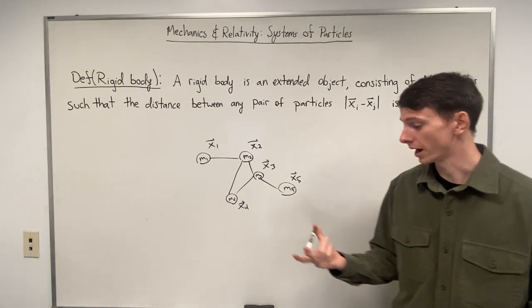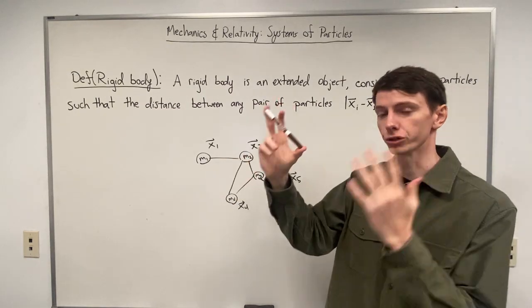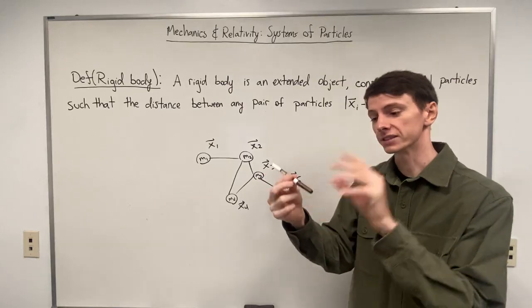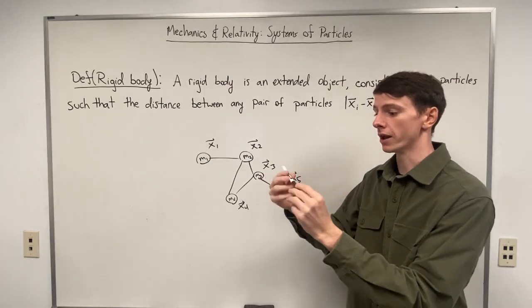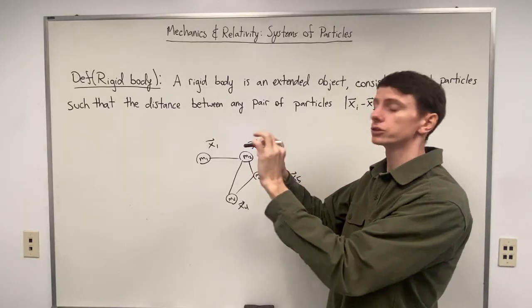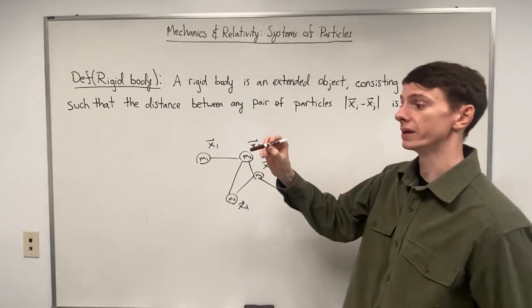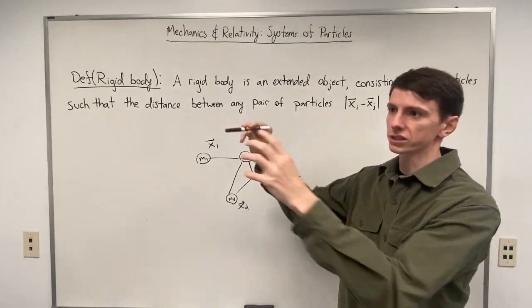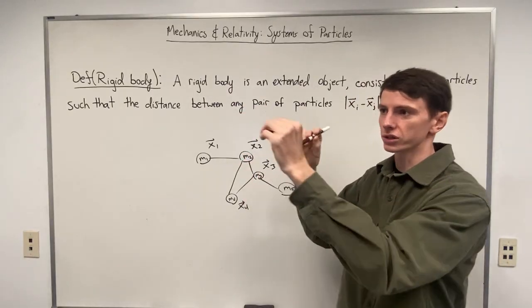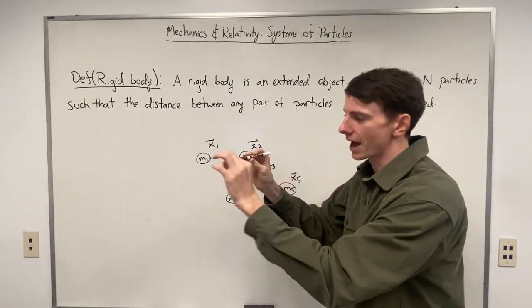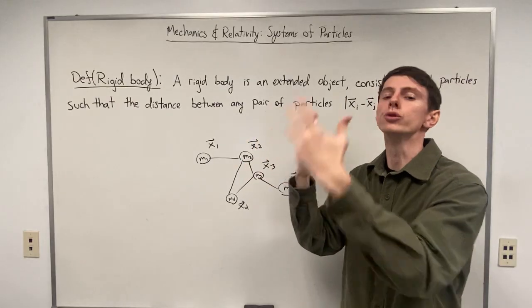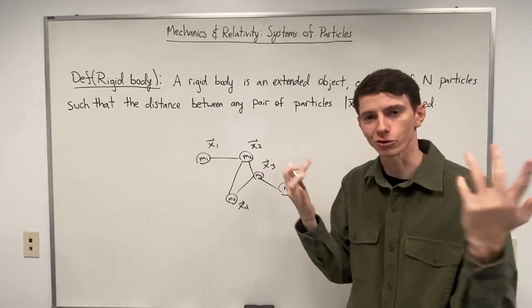For example, I could say that this pen is a rigid body. This pen is made up of a bunch of different atoms if you were to really zoom in on it. And of course the atoms aren't exactly frozen; they're going to be moving in some way if you want to get really technical.